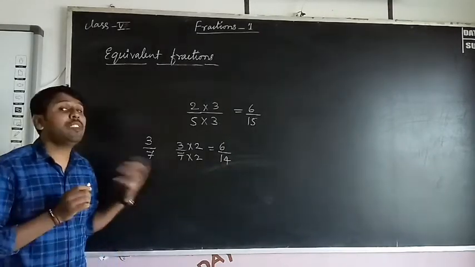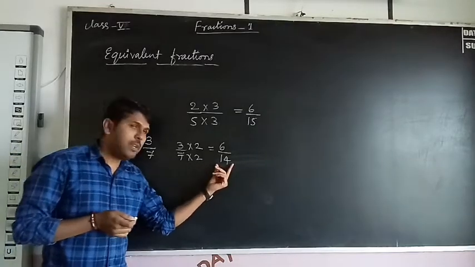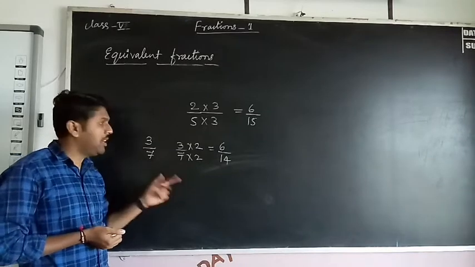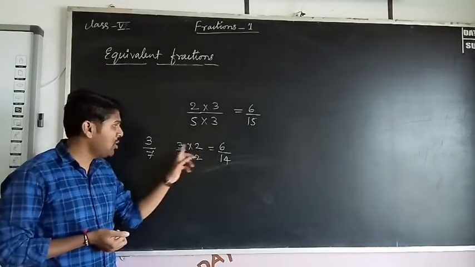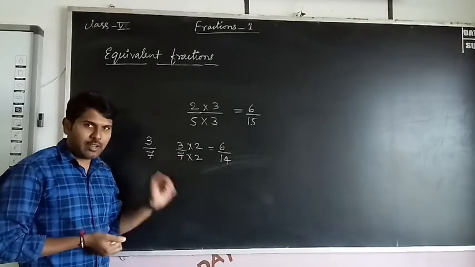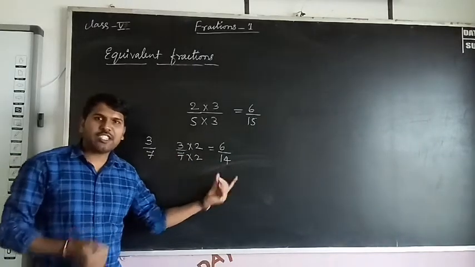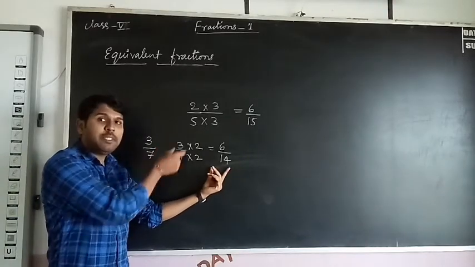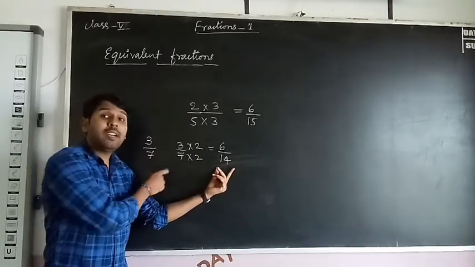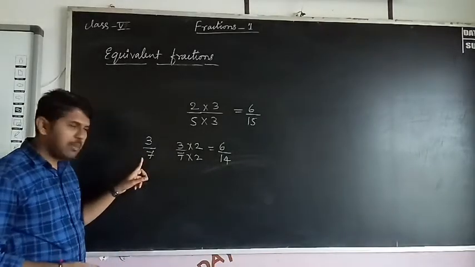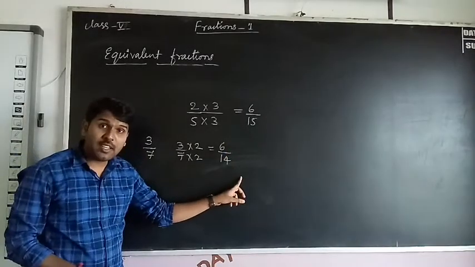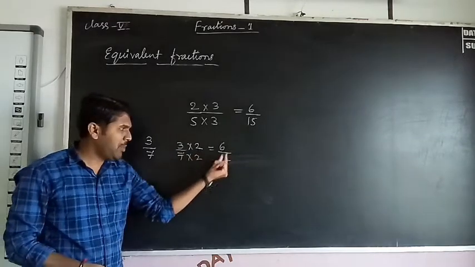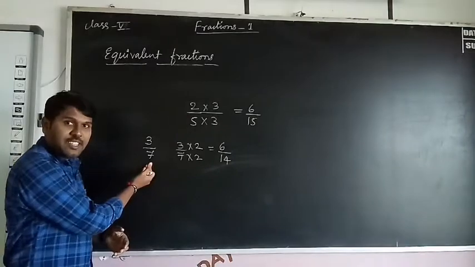What is the definition of equivalent fraction? This fraction is obtained from the original fraction by multiplying the same number, that is 2, to both numerator and denominator. The fraction denotes the same part of a whole. Same part, isn't it? 3 by 7, and here 6 by 14. If you divide by 2, because you multiplied by 2, you will get the same fraction, isn't it?